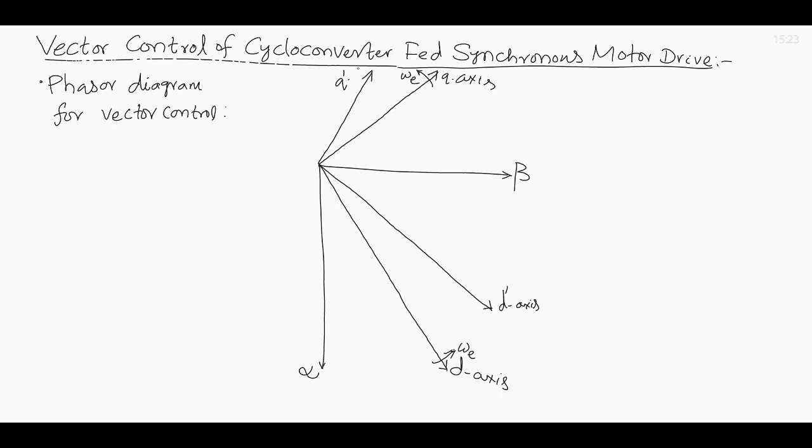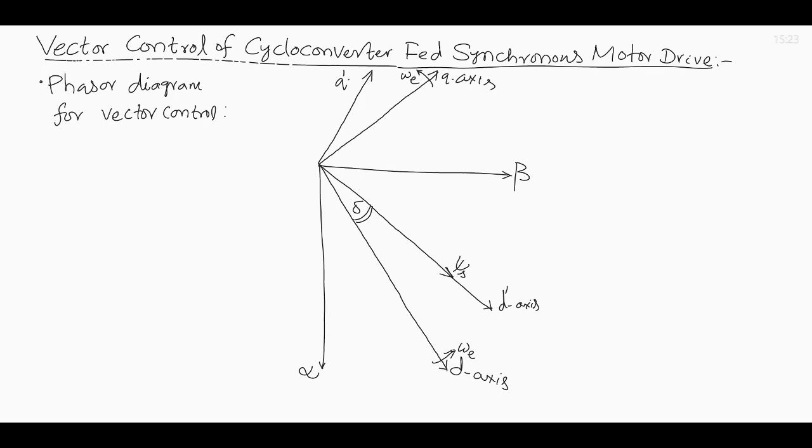The angle between the field flux axis and the stator MMF axis is delta.